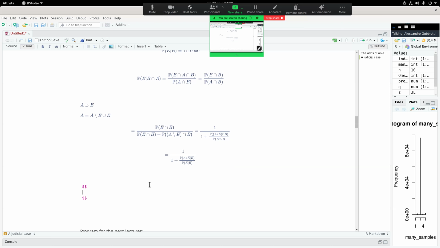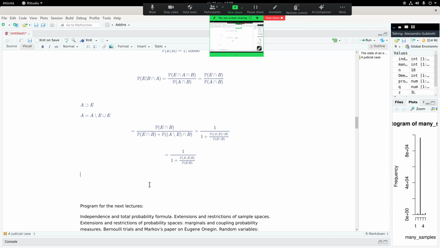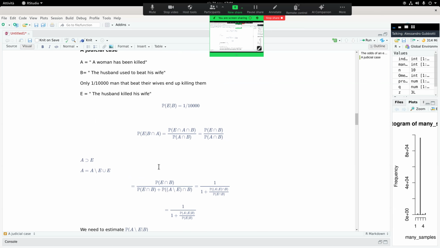We need to estimate the following quantity: the probability of A given B. So how can we do this?